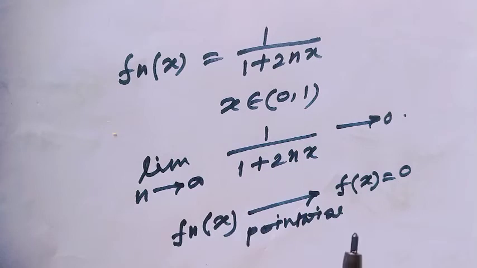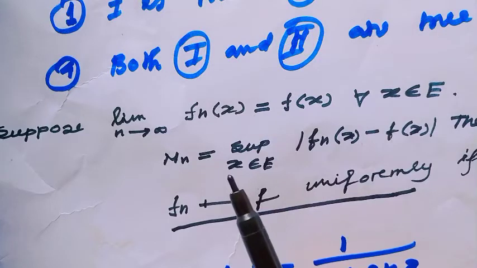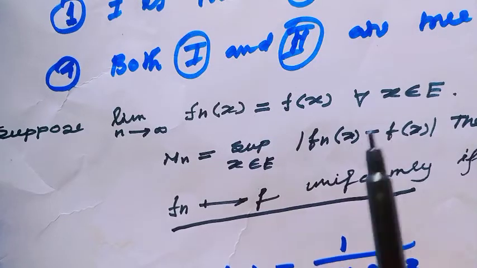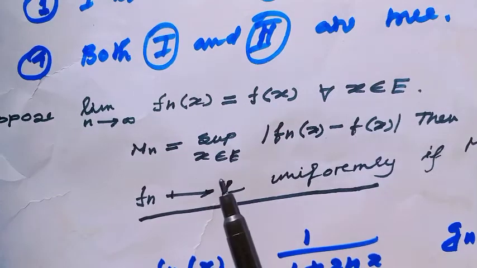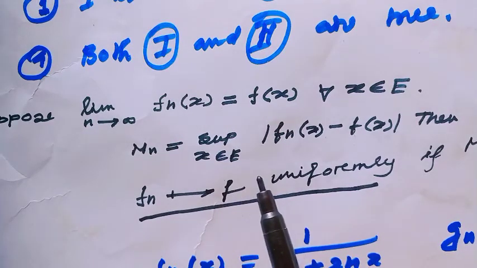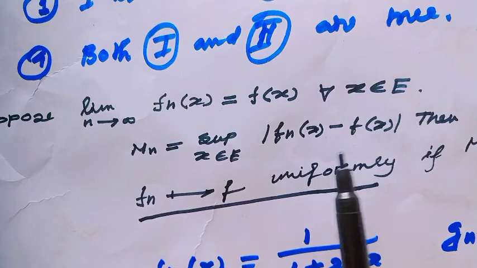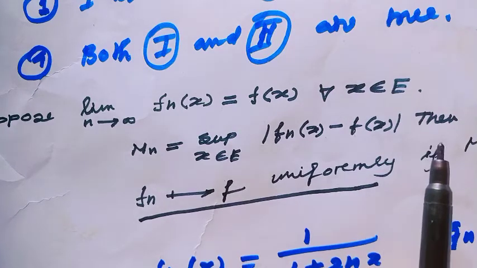To check uniform convergence, I will apply the Mn test. At first, just recall what the Mn test is. f_n(x) converges to f(x) for all x belonging to E, and consider M_n equal to the supremum over x belonging to E of the absolute value of f_n(x) minus f(x).